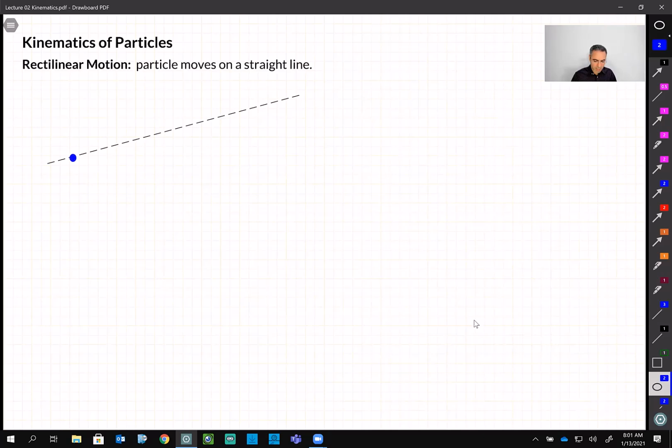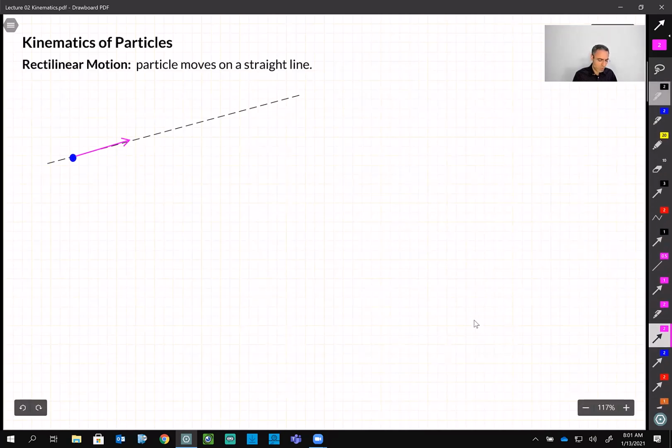This particle. And let's assume this particle has a velocity, and velocity always is tangent to the path, right? So we call this one our path, which is a straight line, and we have a particle moving along this path.